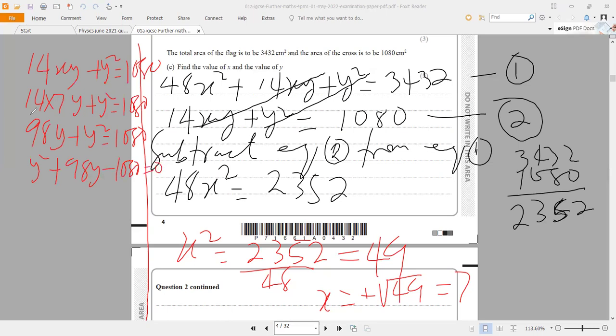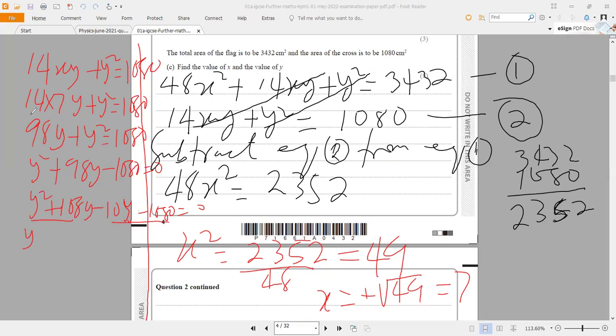So factorizing, we are going to have y squared plus 108y minus 10y minus 1080 equals 0.